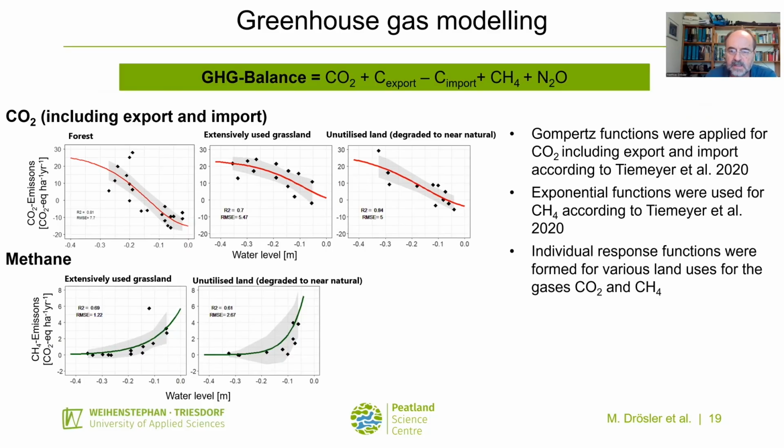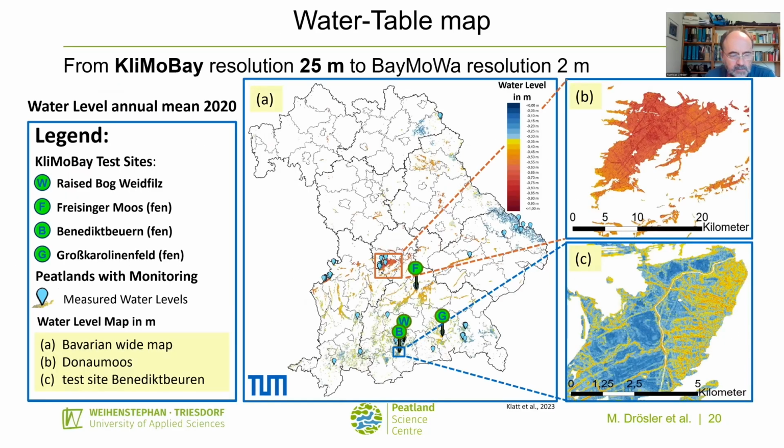Based on that, we could also use a second information source, which was very important: a modeled water table map with a resolution originally of 25 meters, now downscaled to 2 meters over the whole of Bavaria, over the whole 290,000 hectares.